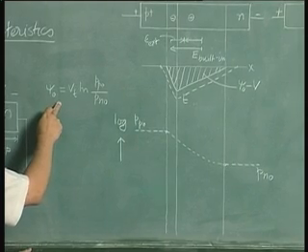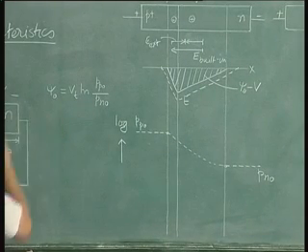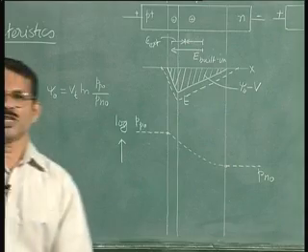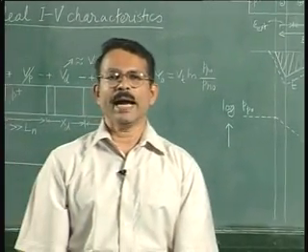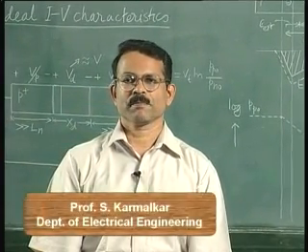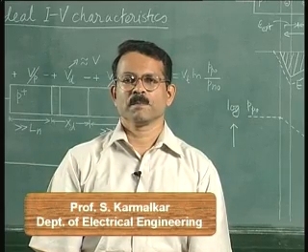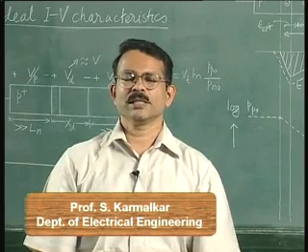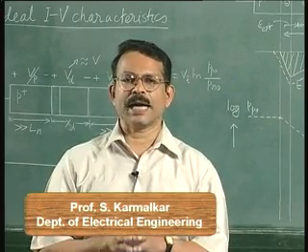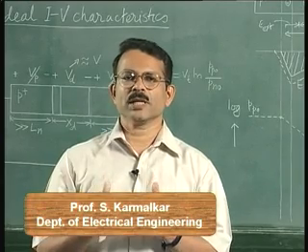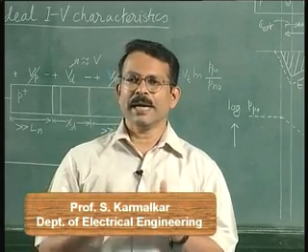This Boltzmann relation was obtained using the equilibrium condition that Jn equal to 0 and Jp equal to 0. The reason for this is that the drift and diffusion currents were in balance.